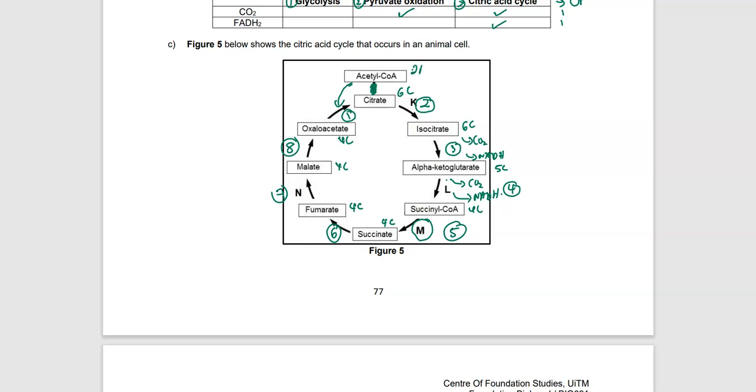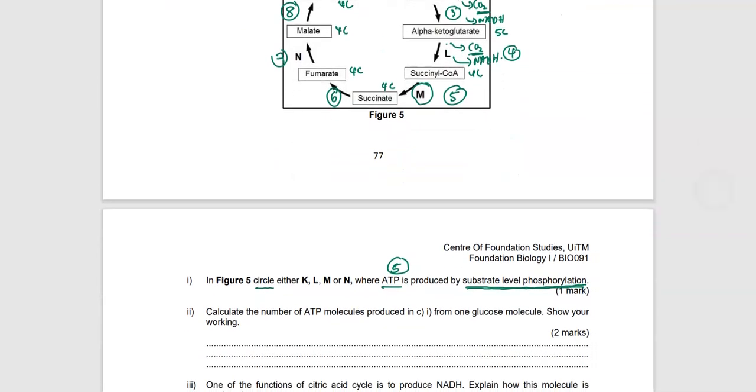Acetyl CoA is a 2-carbon compound. So acetyl CoA, 2-carbon, combined with the 4-carbon oxaloacetate produces citrate, a 6-carbon compound. How does it go from 6 to 4? Because 2 carbons are lost as carbon dioxide.